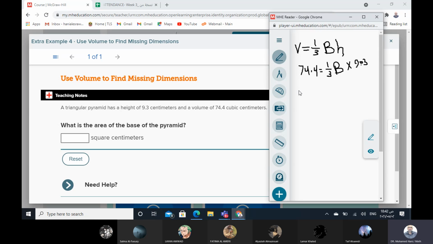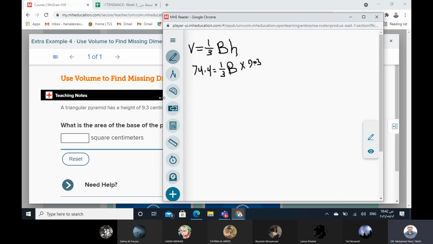So in the first side, we have the same value, 74.4 equals. In the second side here, we have the area of the base, the missing value, and we want to multiply 9.3 times 1/3.